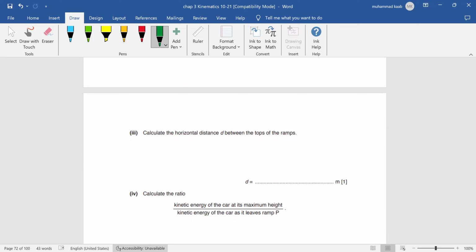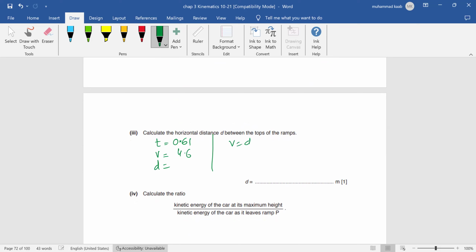Calculate the horizontal distance d between the tops of the two ramps. You can use time as 0.61, because time for vertical and horizontal motion remains the same. The horizontal component of the velocity is 4.6, so you just need to find d.